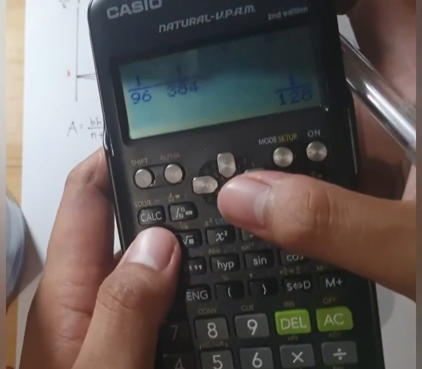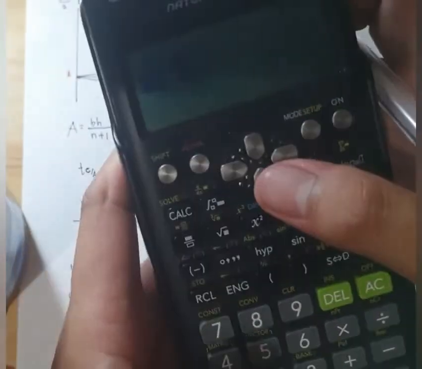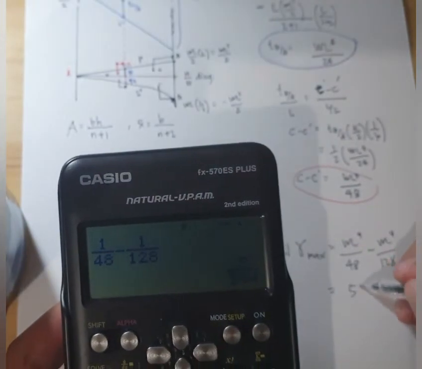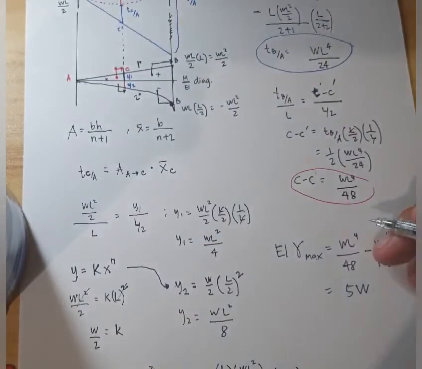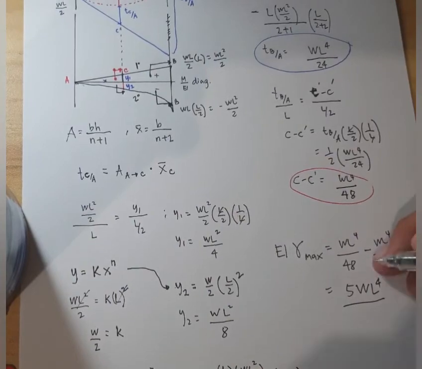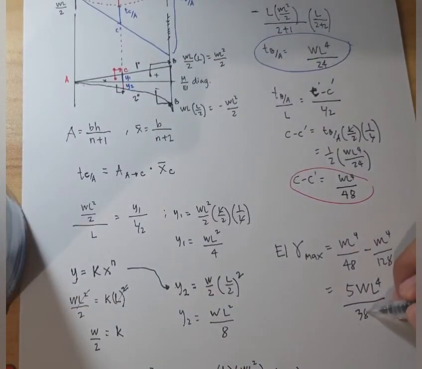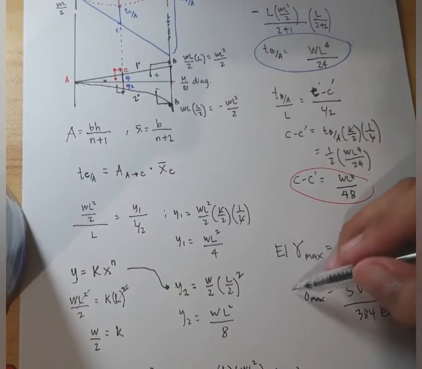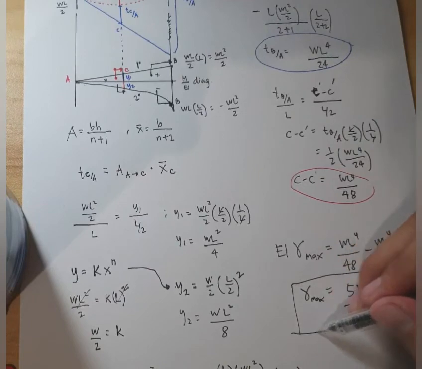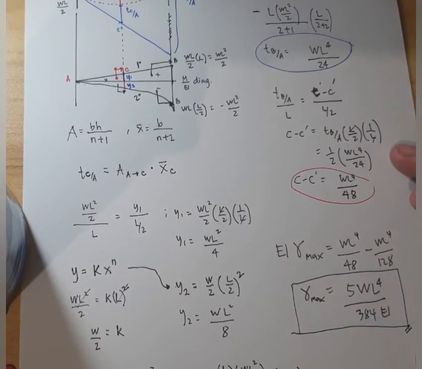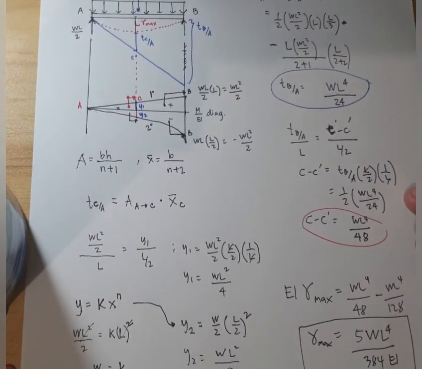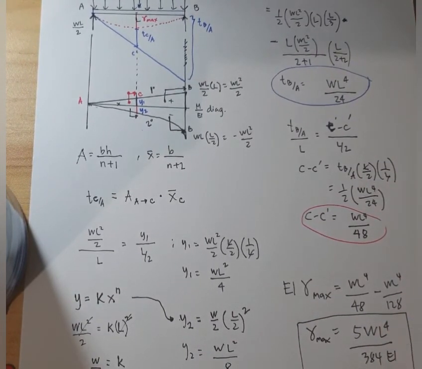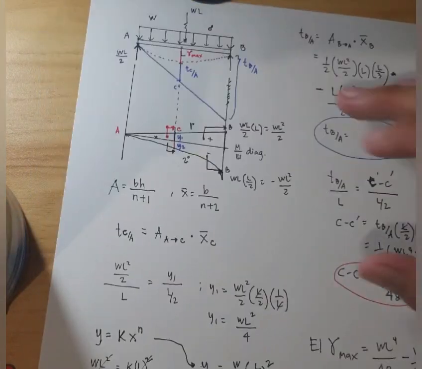Okay, so 1 over 48 minus 1 over 128, that is 5 WL to the 4 over 384 EI. That is the maximum deflection for a simply supported beam with a uniformly distributed load. Okay. 5 WL to the 4 over 384 EI. So, that is for this beam.